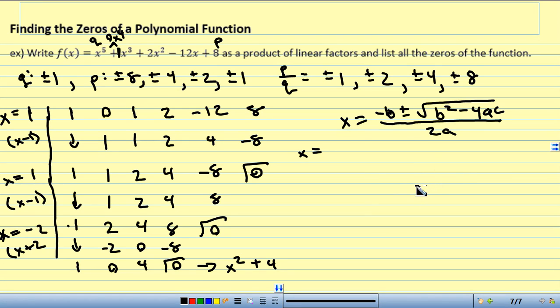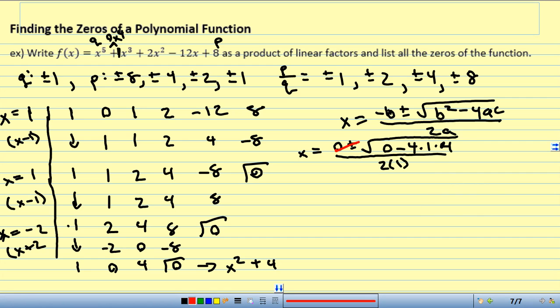So -b, so that's going to give me 0 plus or minus the square root of 0 minus, and now I have 4 times 1 times 4. And that's all over 2 times 1. So, nice thing is, I don't have to worry about the 0.